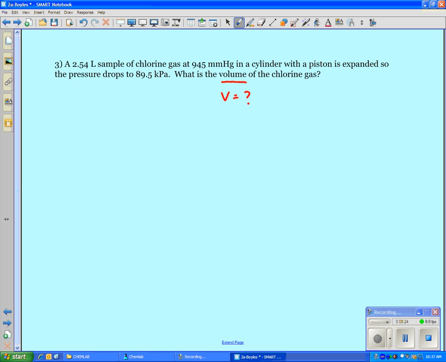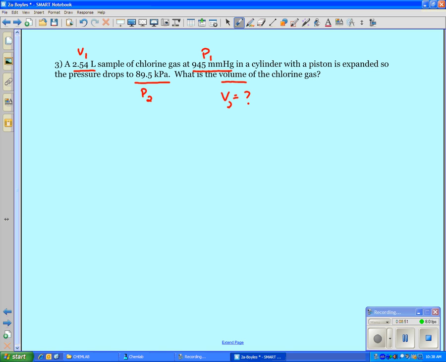So back in the question, if we look at the values we have, we were given a volume at the beginning, 2.54 liters, and the pressure that it was at when it started. So that's P1. Then we expanded the gas and the pressure dropped. So there's P2, 89.5 kilopascals. So we're looking for volume 2 in the question.